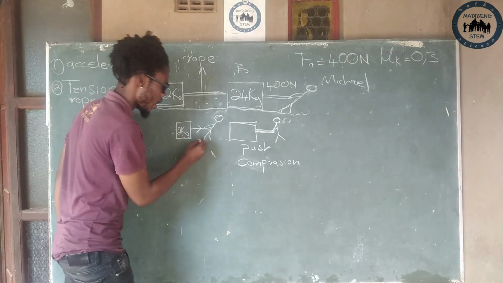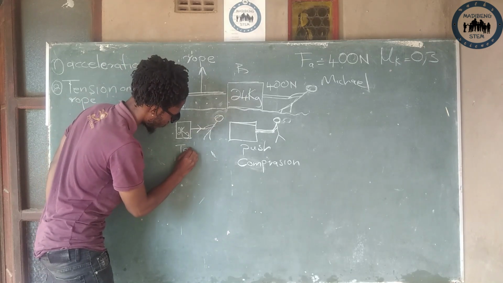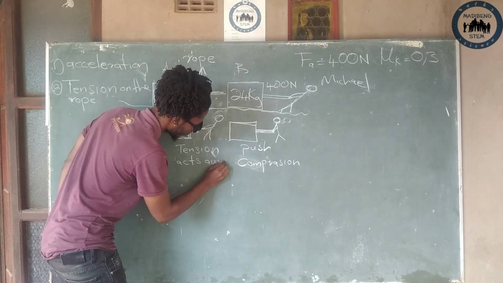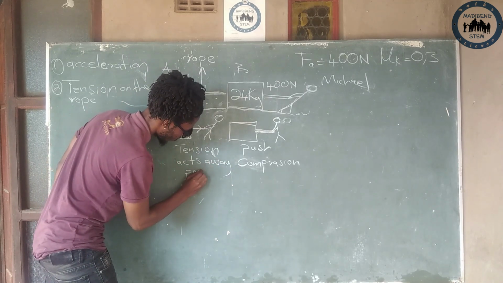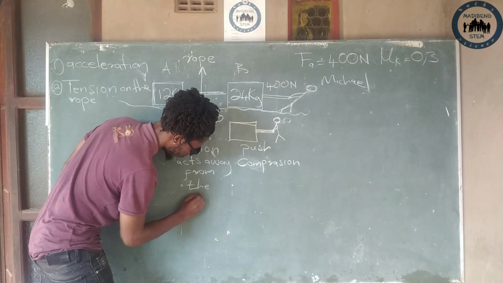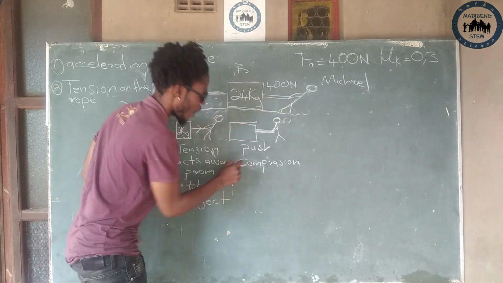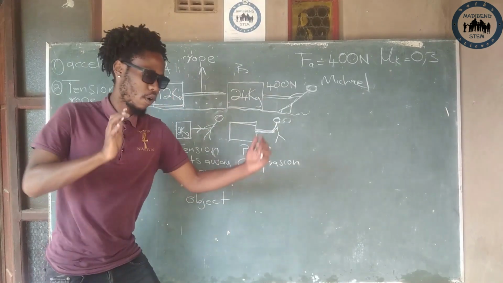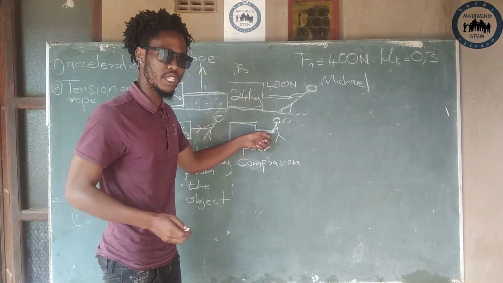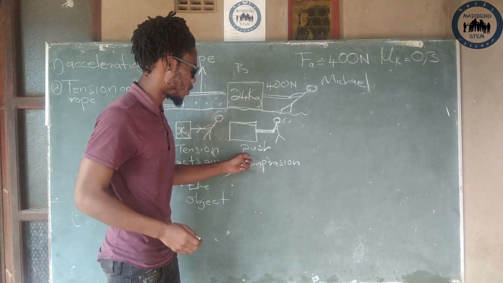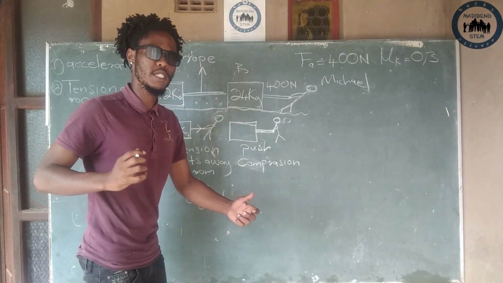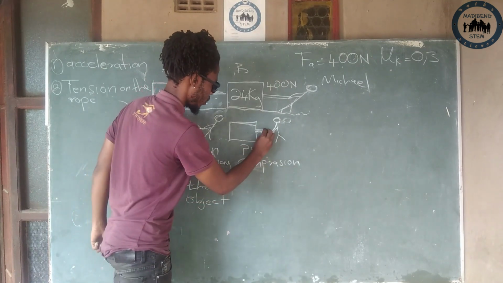Now it's acting away. This is tension. Tension acts away from the object. And when you push this object with a rod, this is not a string, it's a rod, this force is called compression. So now this compression force is acting towards the object.